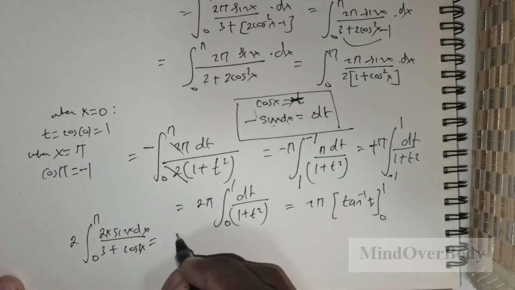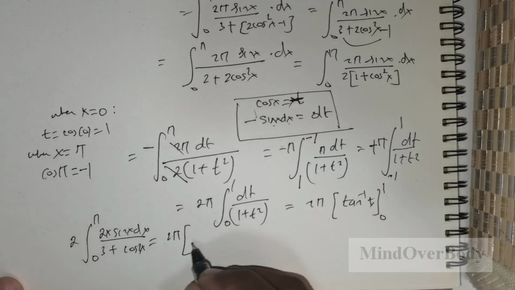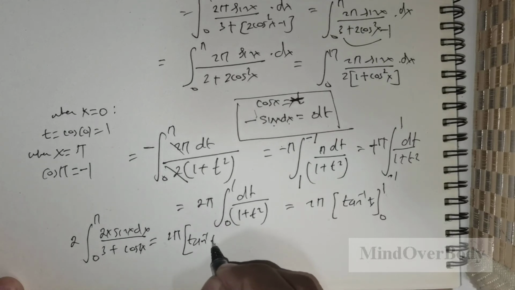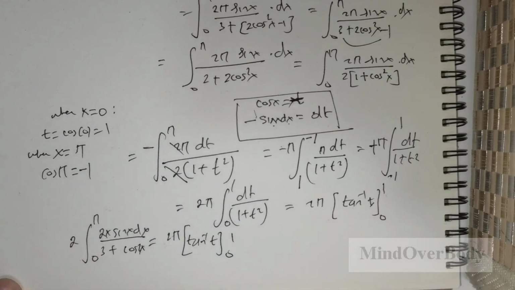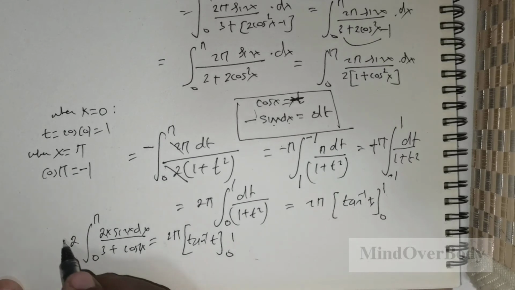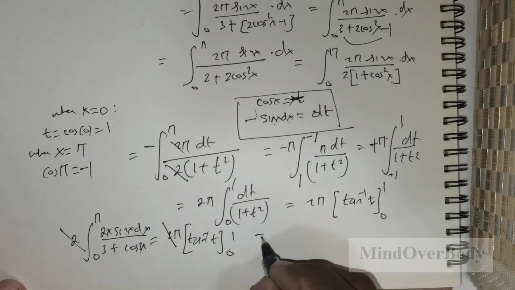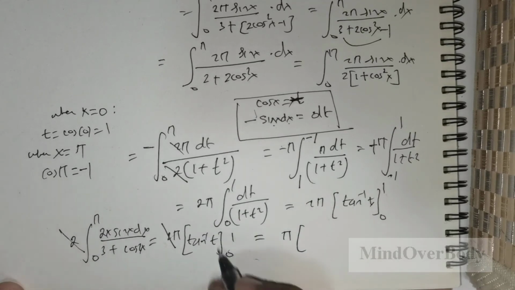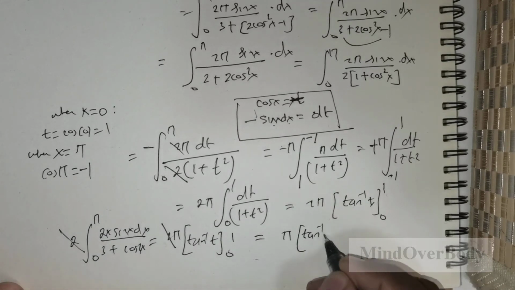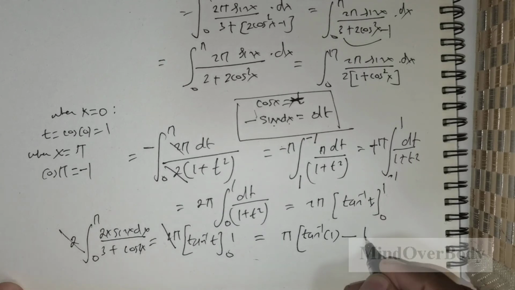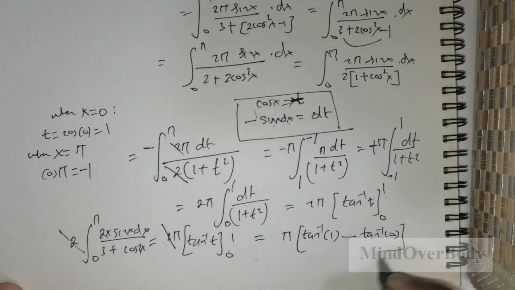On the right side we got 2 pi times tan inverse of t, the limits are 0 to 1. Now the 2 on the left can be cancelled with the 2 on the right, so that is going to be pi times, I substitute the limits, tan inverse of 1 minus tan inverse of 0, right?